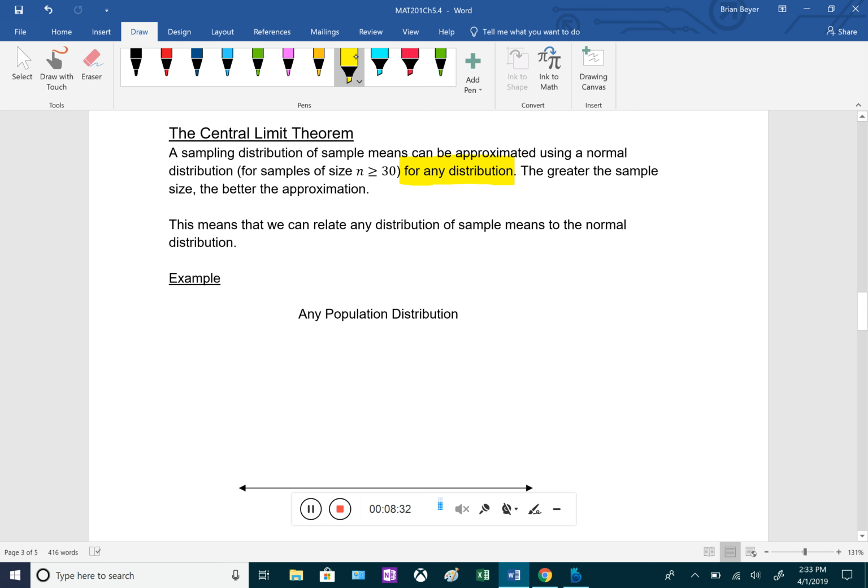It's so powerful because we can do this even when the distribution of values for our data set is not normally distributed, which we could not do previously. And in general, the greater the sample size, the better the approximation. So this means that we can relate any distribution, no matter what shape it's in. If we thought of it as a frequency histogram, we can relate any distribution of sample means to the normal distribution, which means we can use the z-tables, z-scores, and all that good stuff.